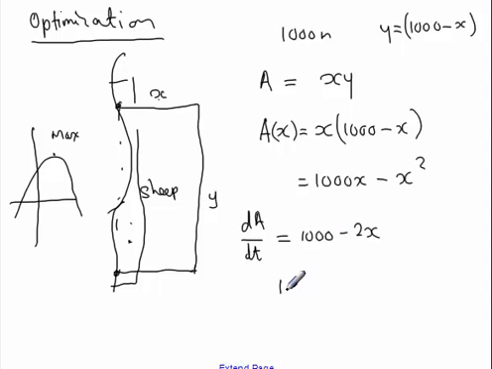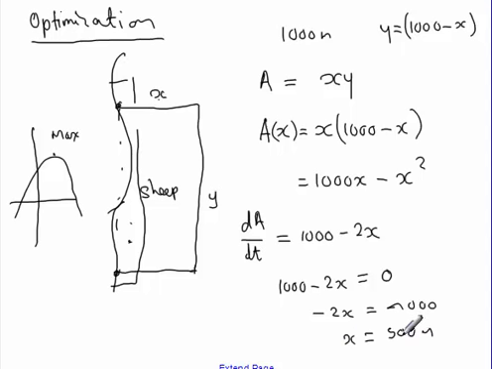Then we say 1000 minus 2x equals 0. We solve this, get minus 2x equals minus 1000. We say our x is equal to 500, about half a kilometer, 500 meters.